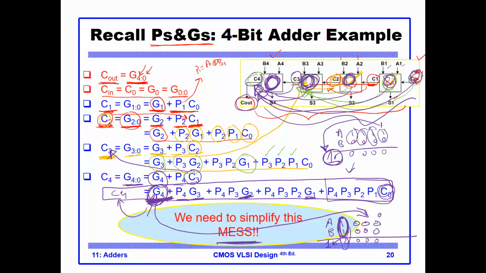This is a big mess, okay? And the reason it is a mess is because of the following. Let's go to the whiteboard here. Okay, so let's clarify where is this mess.